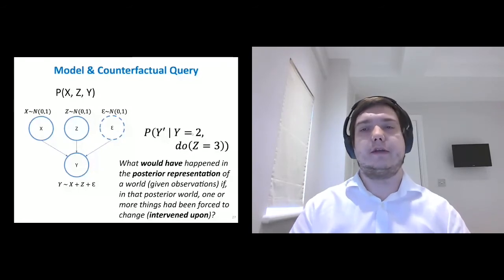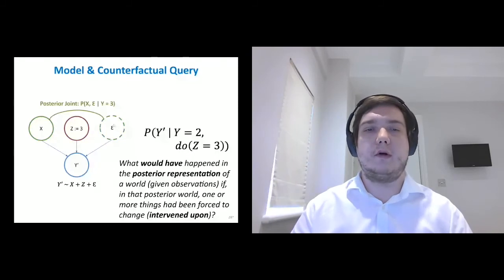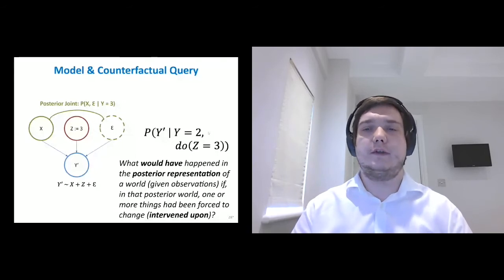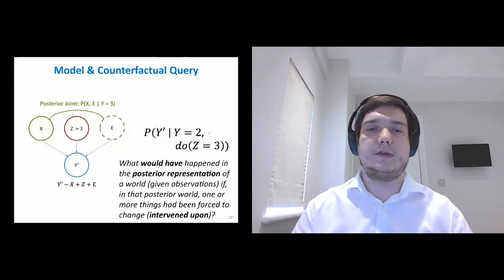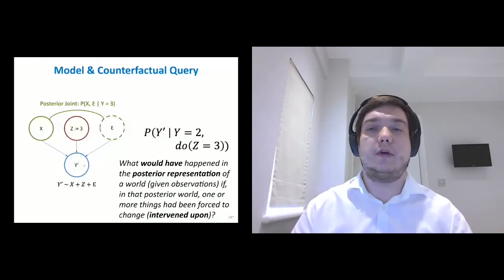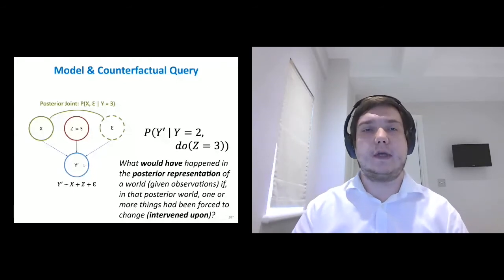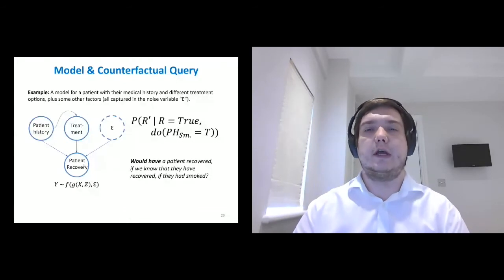To calculate this counterfactual query, we need to do posterior inference over all nodes given the evidence y equal 2, and then in that posterior new model with this observation, we need to intervene z to be equal to 3, and then we can predict y prime, what its value is, and it's contradictory to the evidence that y is equal to 2. And there are a few examples of counterfactual queries.